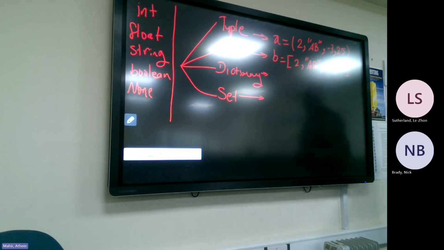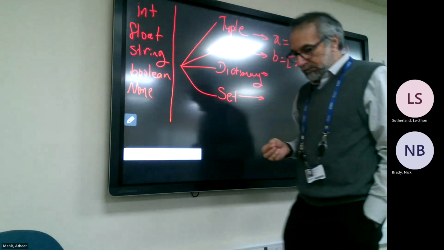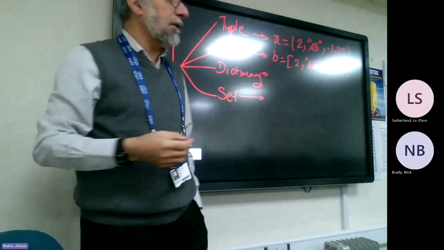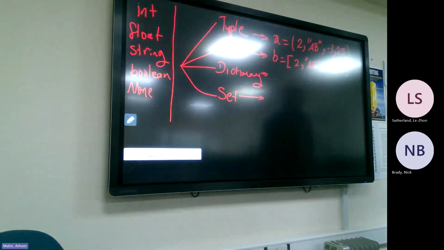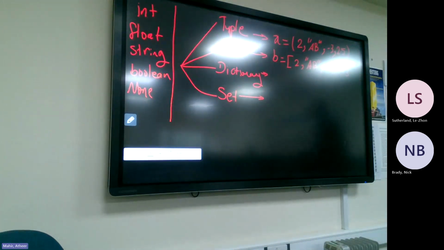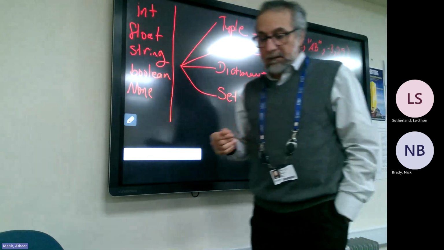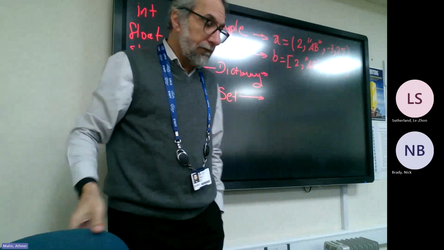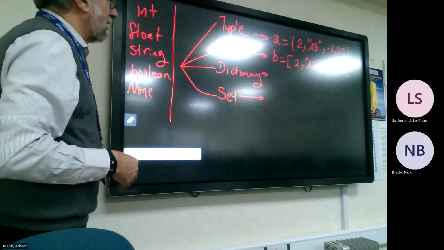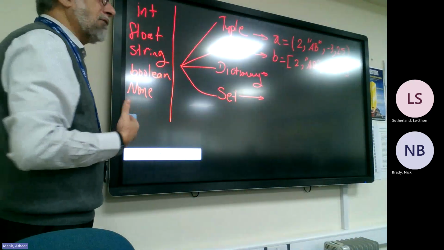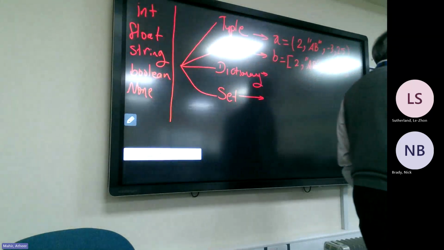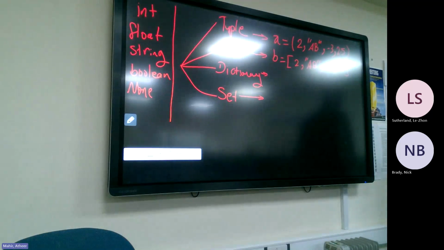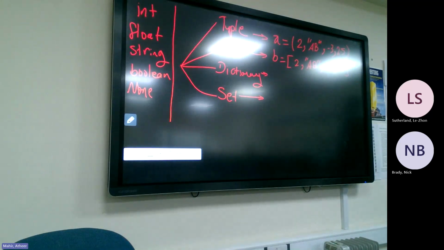Now, in tuple and list, the computer or the programming language puts these things in order, and you have to keep this order in your mind and think deeply about how you can use it in programming. So this is very important to know: when you are using tuple and list, you have to be very careful about the order.